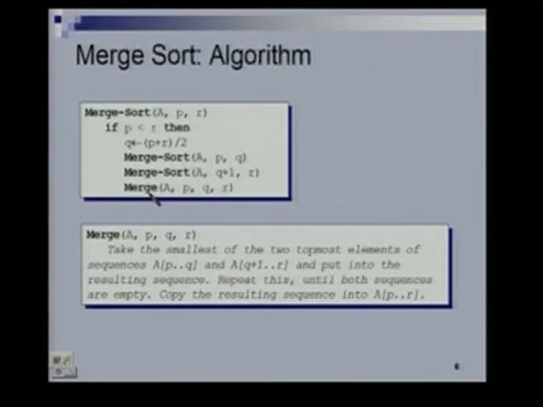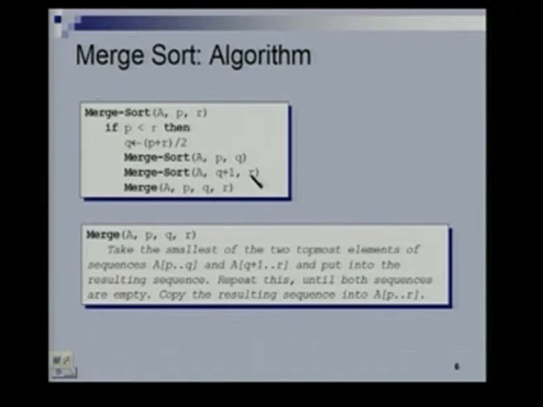For that I have another procedure called merge, to which I specify P, Q and R. So, what is the definition of merge? It is going to take the two sequences, one sequence from P to Q, the other from Q plus 1 to R, and merge them and make one sorted sequence which will sit in P through R.